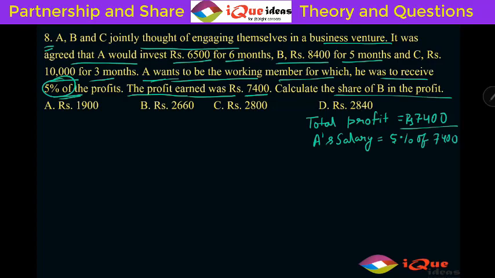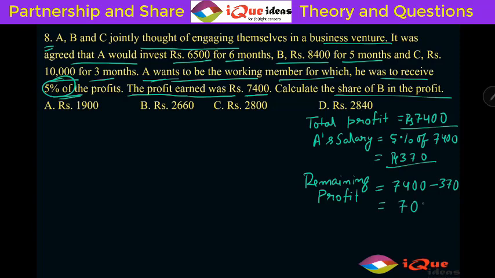Now we know 7,400, 10% is 740. So 5% will be 370 rupees, right? So the remaining profit will be equal to, subtract 370 from 7,400. So it is 7,400 minus 370, which is equal to 7,030 rupees, right?